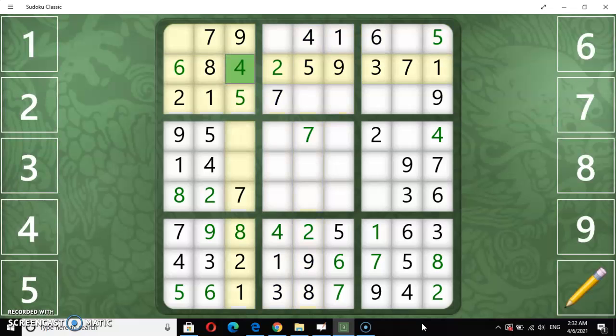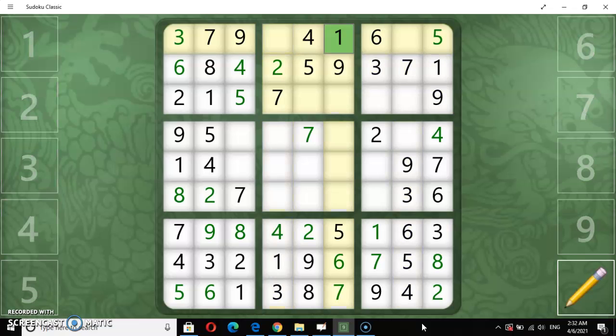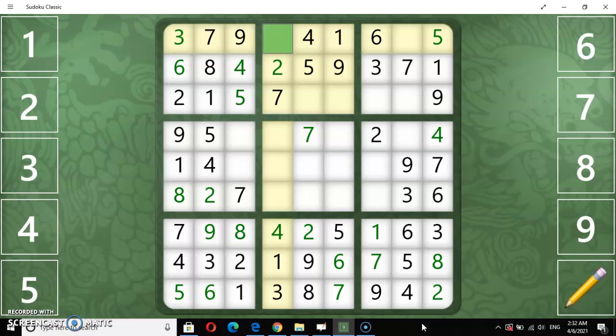Only one possible number is 4. Now here we need only one number. Two cells are here, we don't have 2 and 8. I cannot write 2 here because 2 is here already. Right, here 8, so it must be 2.